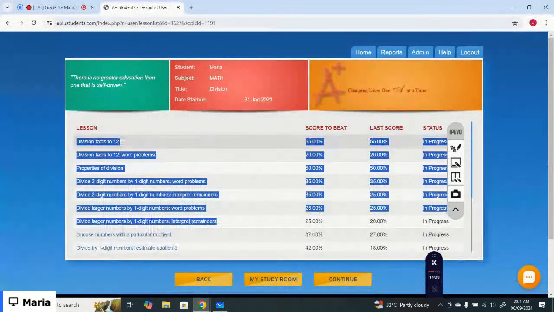So here I'm on grade 4 math. The chapter we're on right now is division.